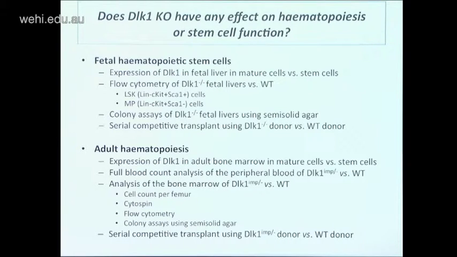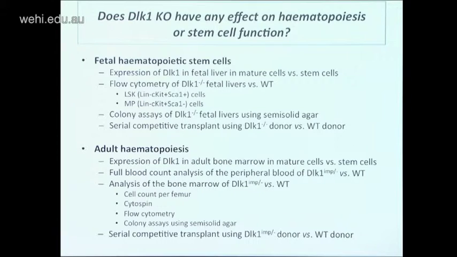And also looking at the clonogenicity of Dlk1 negative fetal livers by looking at the colony assays using semi-solid agar, so looking at the colony numbers, and particularly I wanted to look at the hematopoietic stem cell, and to do that, I performed serial competitive transplant using homozygous knockout donors versus wild-type donors.